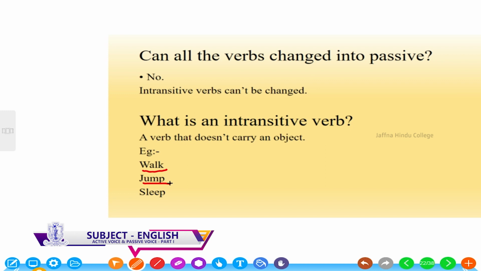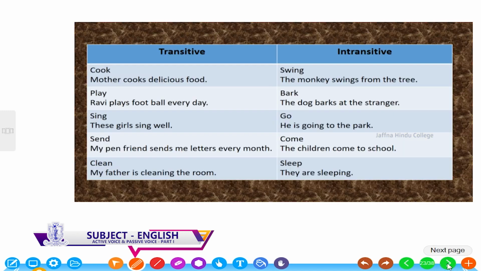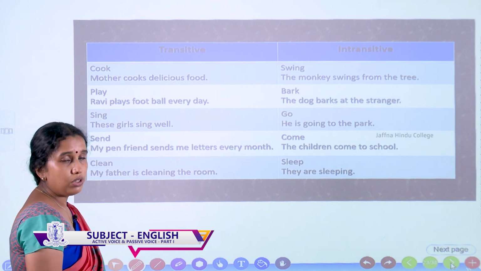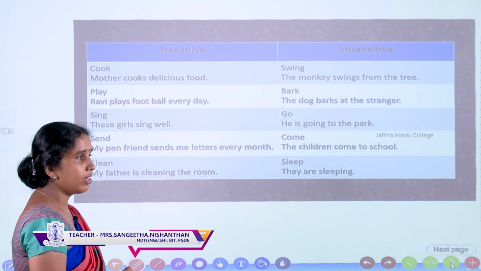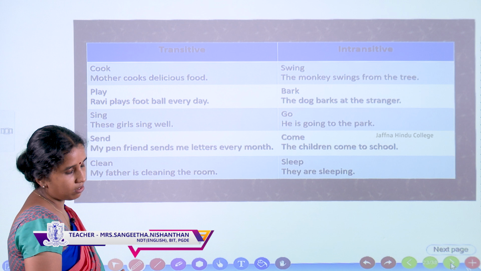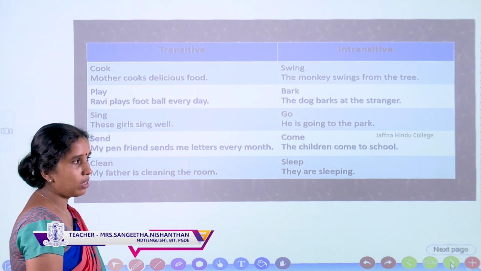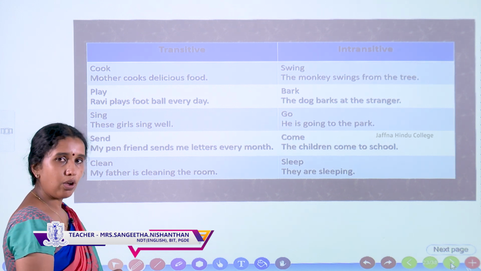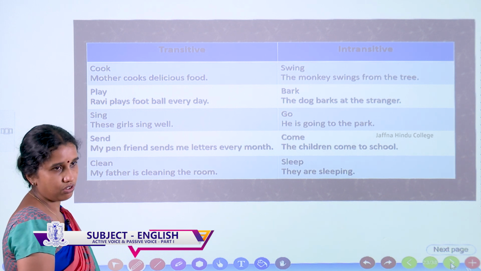No. To whom did you jump? Is there any answer? No. Like that, sleep. What did you sleep, or to whom did you sleep will not give you the answer. These verbs are called intransitive verbs. So, the verb that does not carry an object is called an intransitive verb.